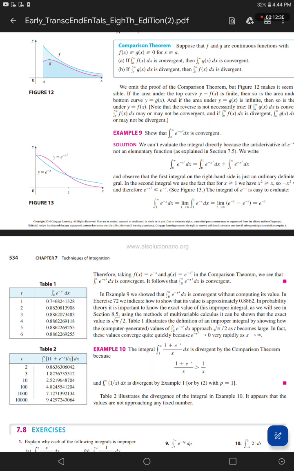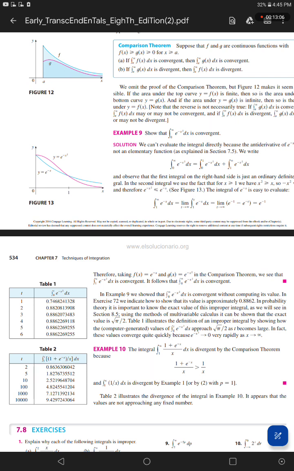Example 10, the integral from 1 to infinity of (1 plus e to the power negative x) over x dx is divergent by the comparison theorem because (1 plus e to the power negative x) over x is greater than 1 over x, and the integral from 1 to infinity of 1 over x dx is divergent by example 1, or by equation 2 with p equal to 1.